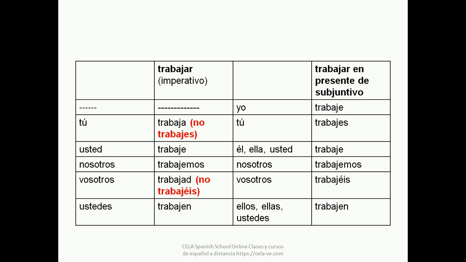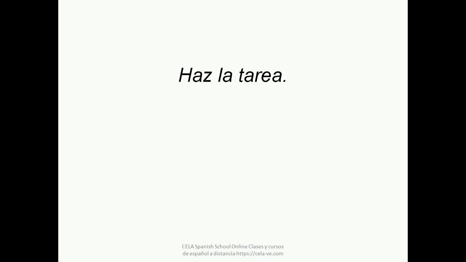It is clear that the present subjunctive and the negative imperative are conjugated in the same way. In the subjunctive, we have all the personal pronouns again. The imperative and the subjunctive have similar functions.